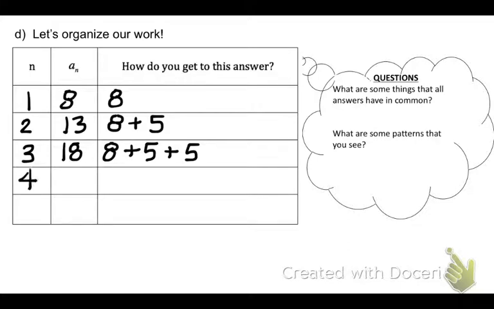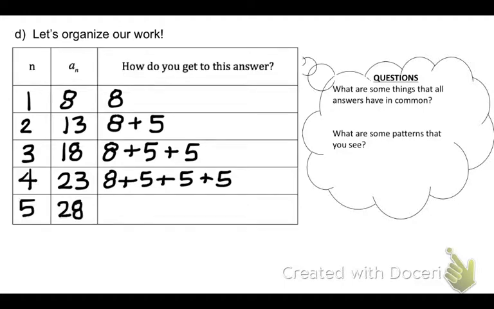The fourth position is 23. We got 23 by starting with 8, adding 5, and then on top of that last term, adding 5 again. And the fifth term that we know is 28, which you get by starting with 8 and adding 5 onto the last term.